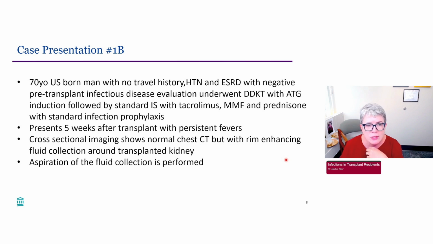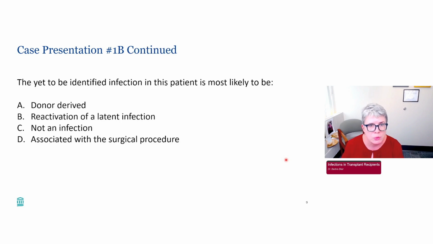He presents 5 weeks after transplant with persistent fevers, and he has cross-sectional imaging that showed a normal chest CT, but with rim-enhancing fluid collection around his transplanted kidney. An aspiration of the fluid collection is performed. And before we tell you what it is, same question for this patient, given their similarity: what do you think the most likely infection for this patient would be?